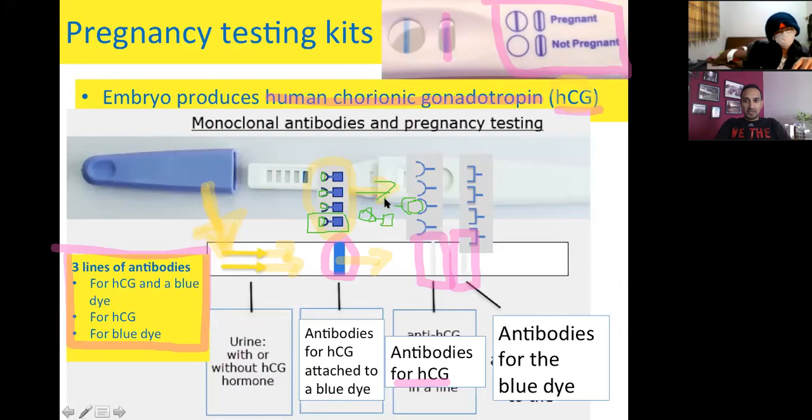So what does it do? They get stuck there. And since there's a blue dye, I should have drawn that in blue, you get this line being blue. Okay, so that explains this one. What happens down here?